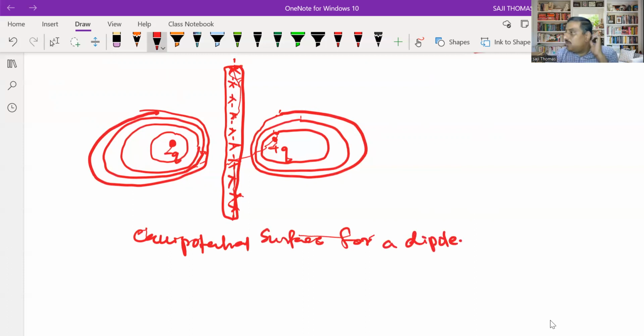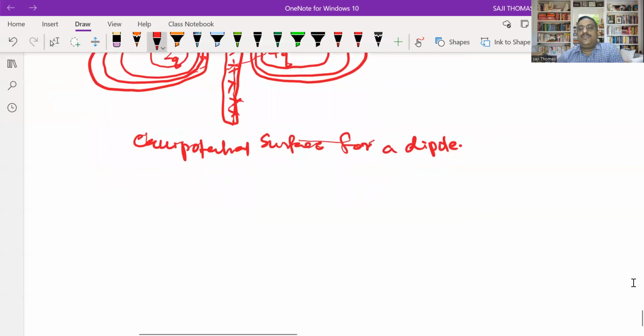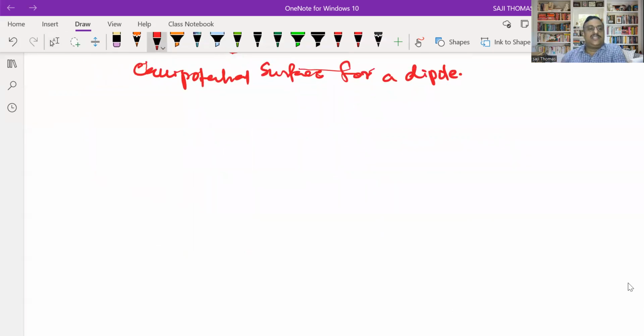Now we can draw the equipotential surface for a system of two positive charges.